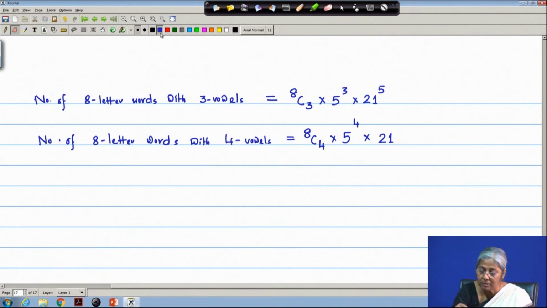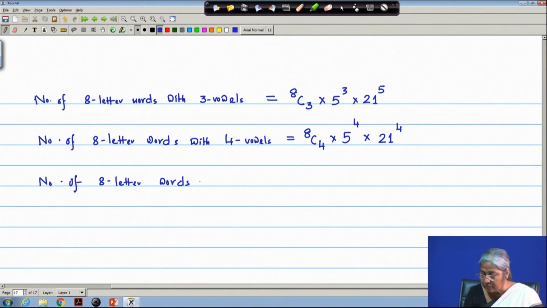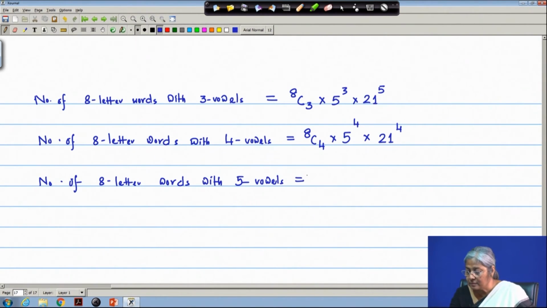The number of 8 letter words with 5 vowels is 8C5, in a similar way, then 5 to the power 5, and 21 to the power 3.